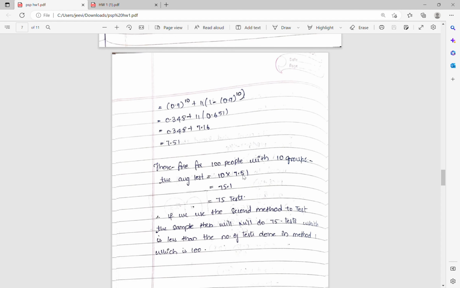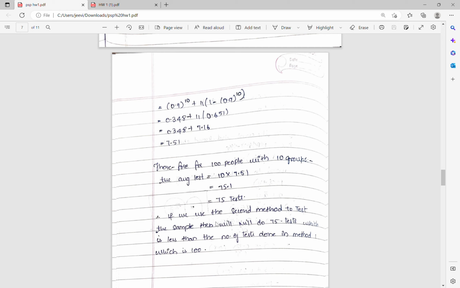Therefore, for 100 people with 10 groups, the average number of tests that you will have to perform will be equal to 10 into 7.51, 7.51 being the value that you have calculated here. So when you multiply that, you will receive 75.1, which will be equal to 75 tests.